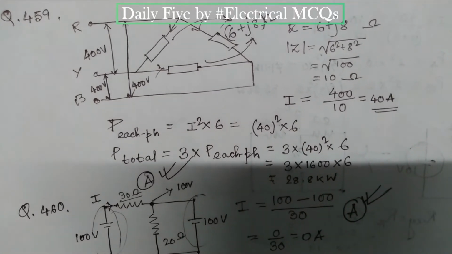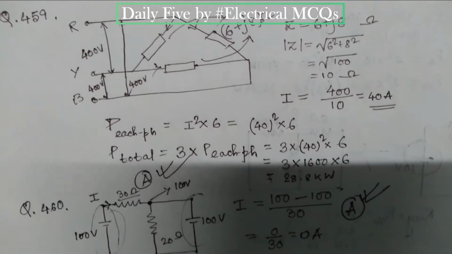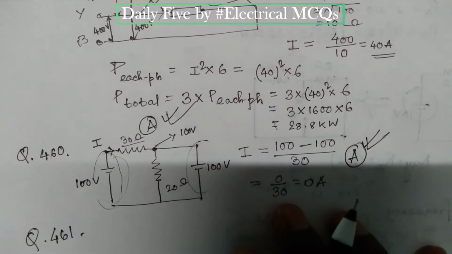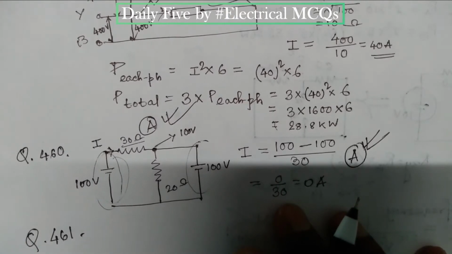Okay. So now we'll go for question number 461. In question 461, we have to find the phase difference between two given currents, and the two currents are sinusoidal, so we can definitely draw phasors for them.